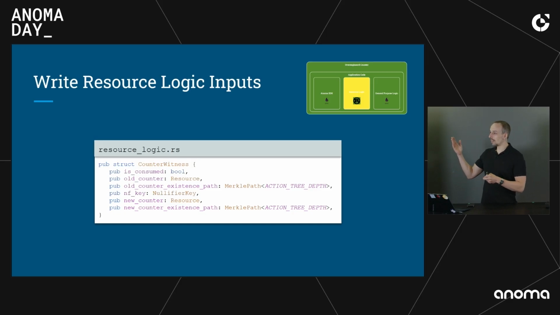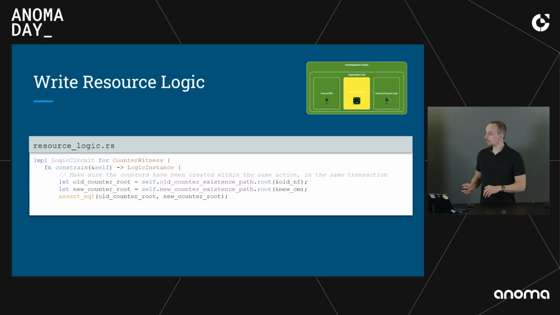The predicate we define wants to know: is this resource you're using, in this case a counter, a consumed one? What's the old value? What's the new value? And the nullifier keys, and then some Merkle things. But I don't want to go into too much detail here. So this is the input to our resource logics.